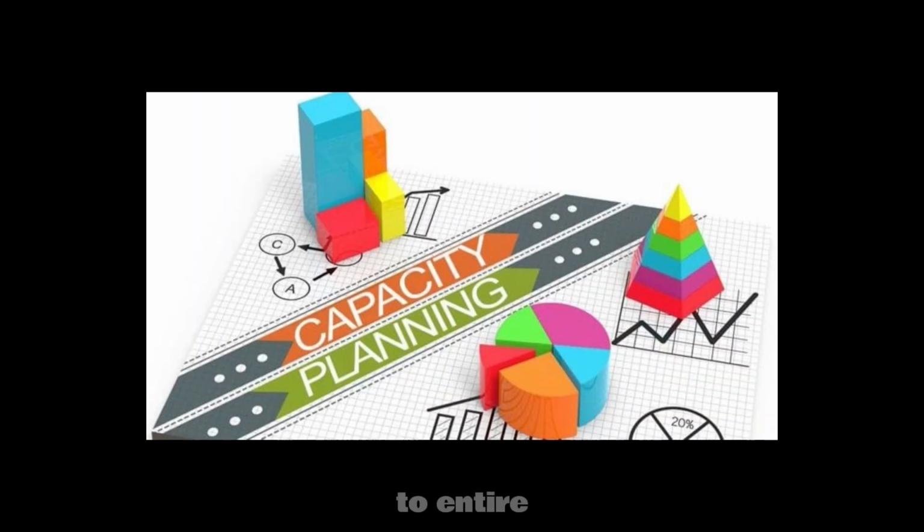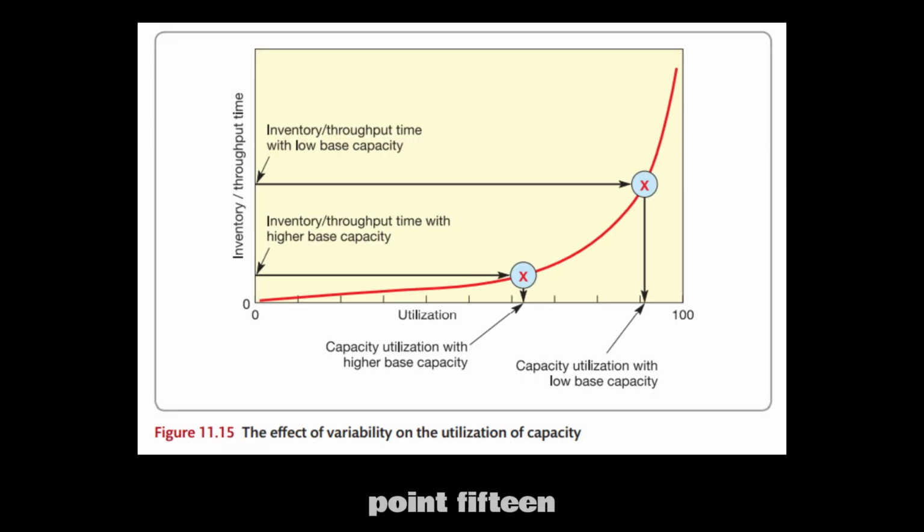This applies to entire operations too. When things take longer, queues form and inventory piles up, as shown in figure 11.15. So, if there's a lot of variability, the business needs more capacity to make up for the inefficiencies. That's why businesses with lots of variability usually keep their capacity levels higher to handle it.